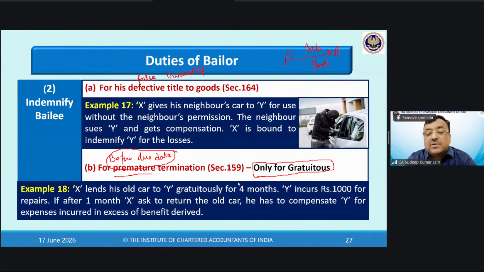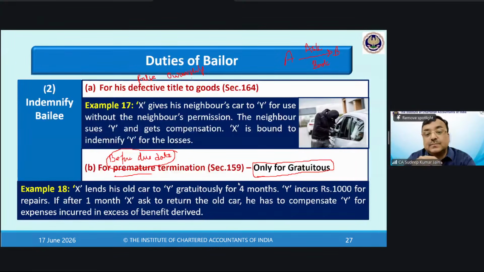In that case, law says, because it is gratuitous bailment, A can terminate this bailment before the due date. Means A can claim the book back before the 4 months, only in case of gratuitous bailment.